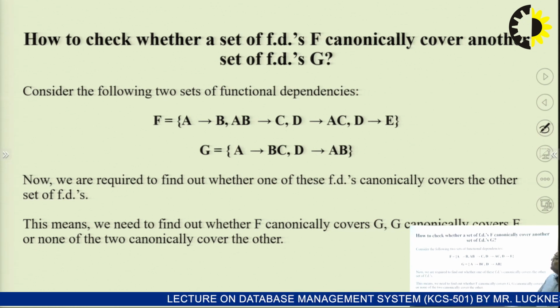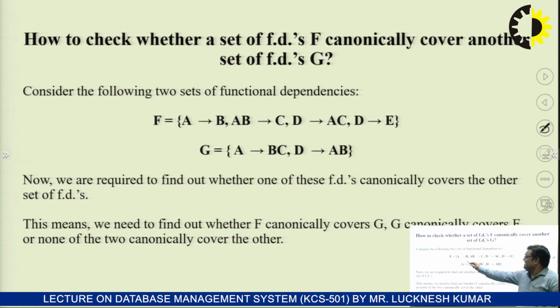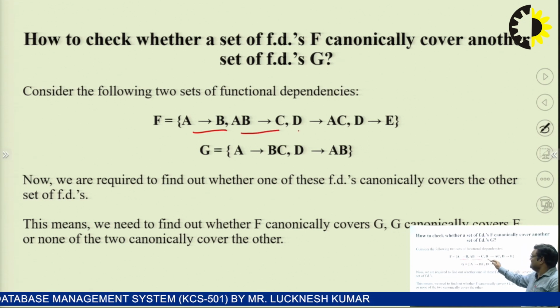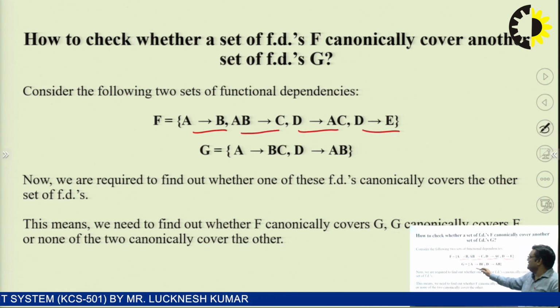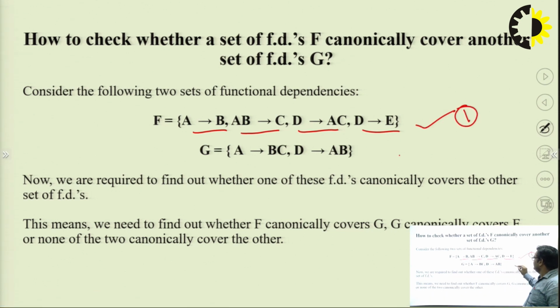So consider the following two sets of functional dependencies: A to B, AB to C, D to AC, D to E. This is one set, okay, and this is the second set: A to BC, D to AB. So first we go through this particular one. Now we are required to find out whether one of these sets of functional dependencies canonical covers the other.